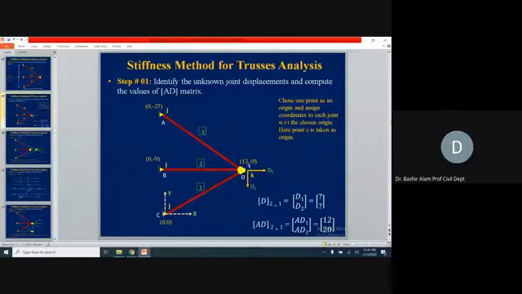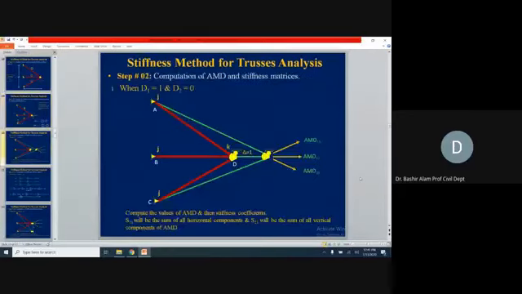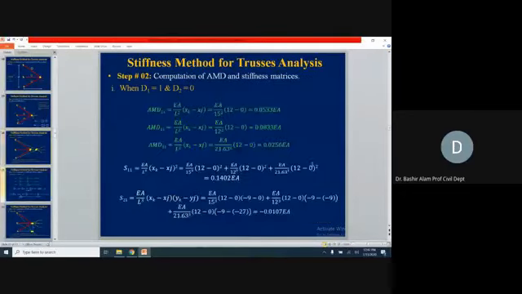And here this will become XK, this will become XJ, similarly XK, XJ, and so on. So now coming here, we developed already these equations. So AMD11, a horizontal now.